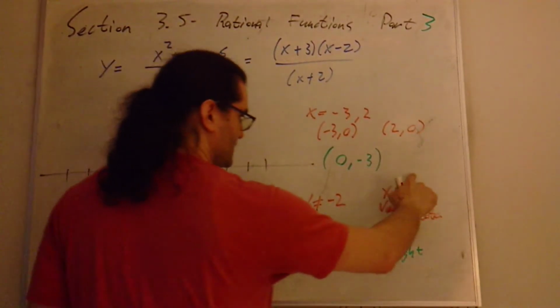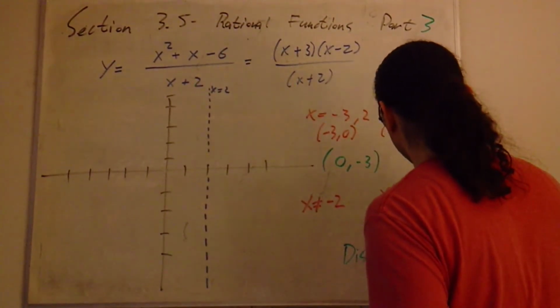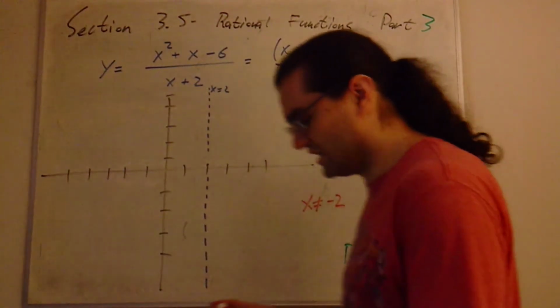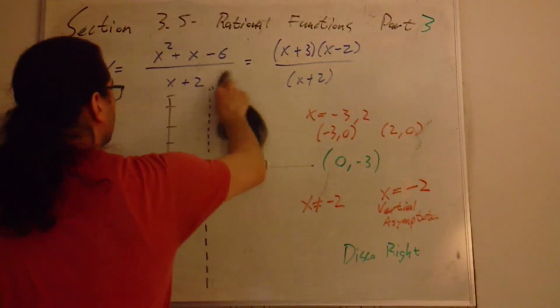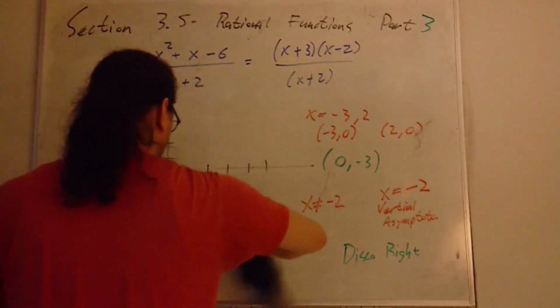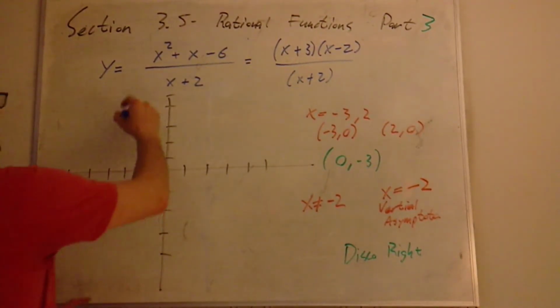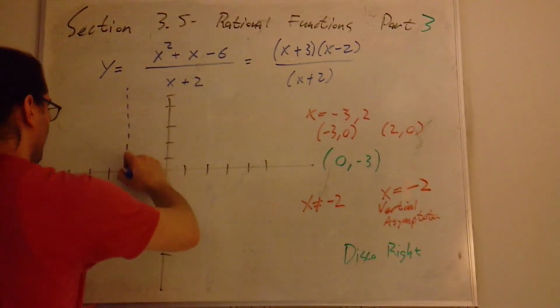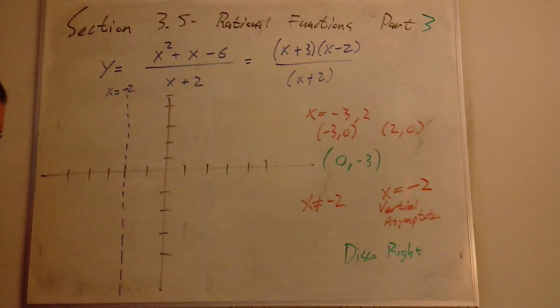This has to be -2. It's okay. No one saw that. It's not like this is being recorded or anything. x equals -2 is our vertical asymptote.